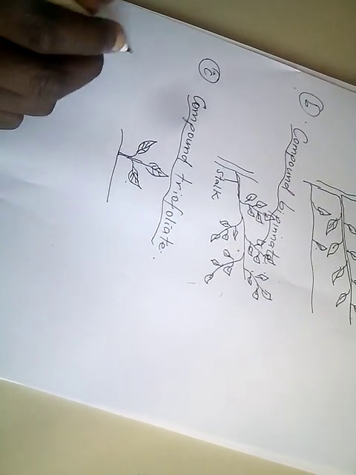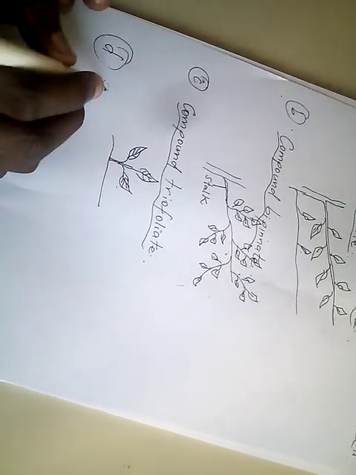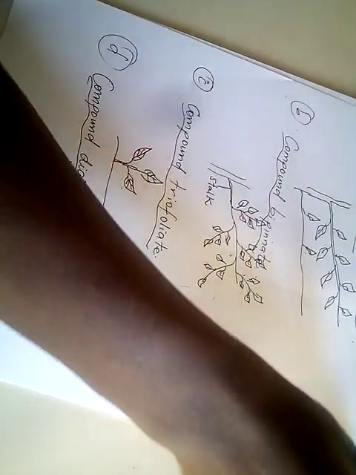The last example is a compound digitate leaf. An example is a cassava leaf. The cassava leaf is a compound digitate.